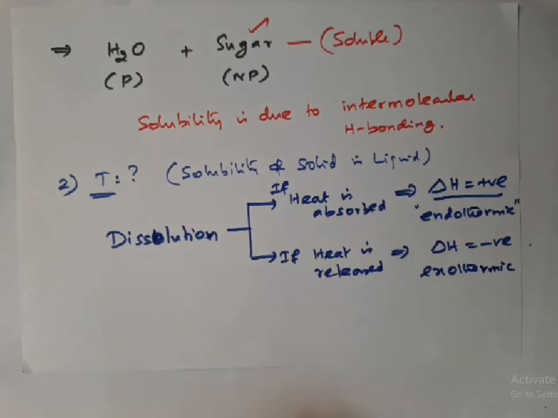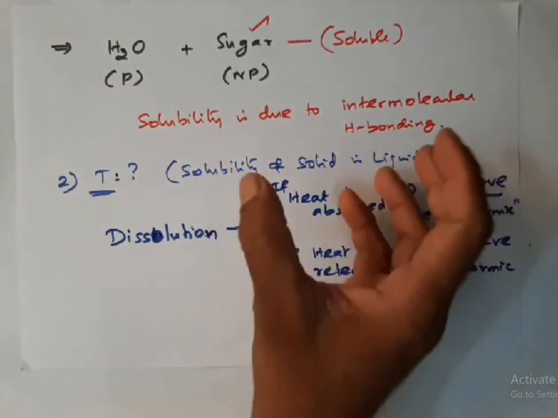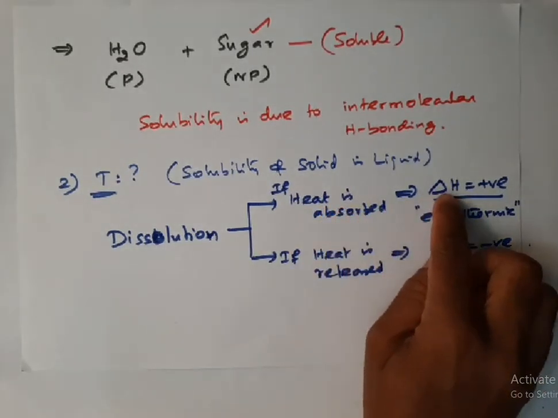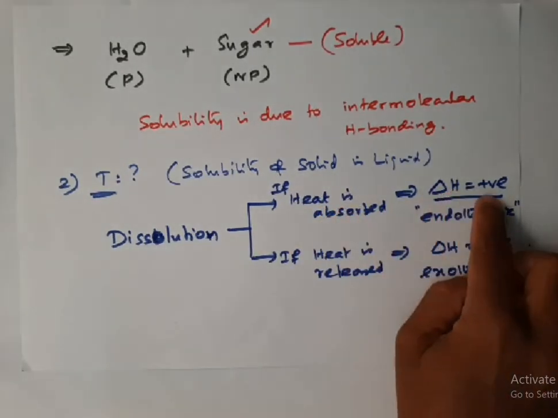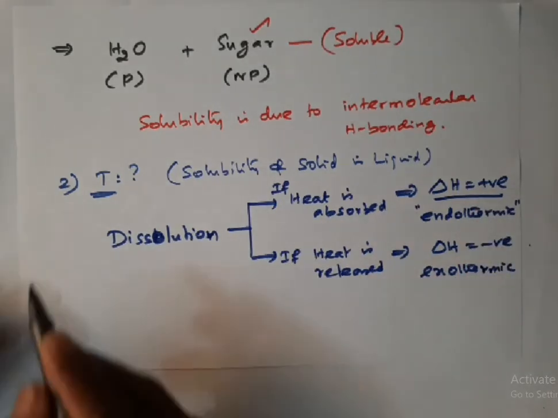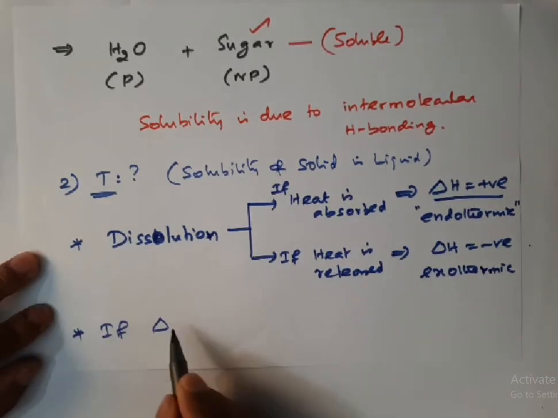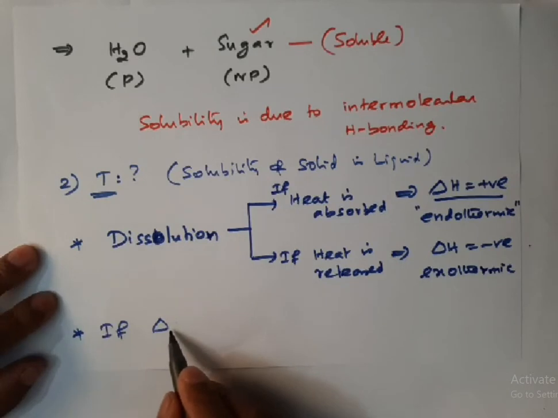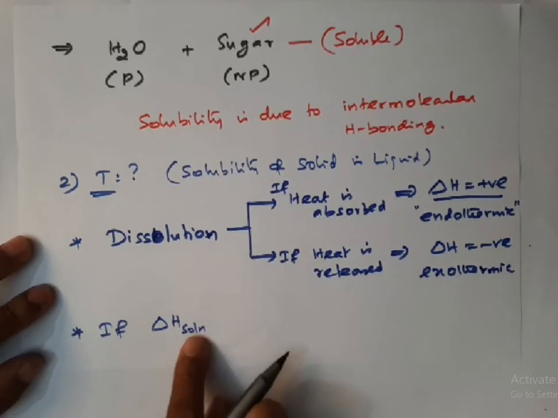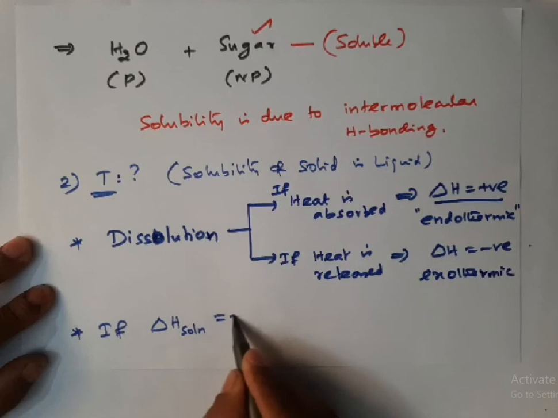Now listen, how does temperature affect the solubility of a solid in liquid? To understand this, you must know whether the enthalpy of solution is positive or negative. Suppose delta H for solution, which we normally write as delta H soln, is positive.